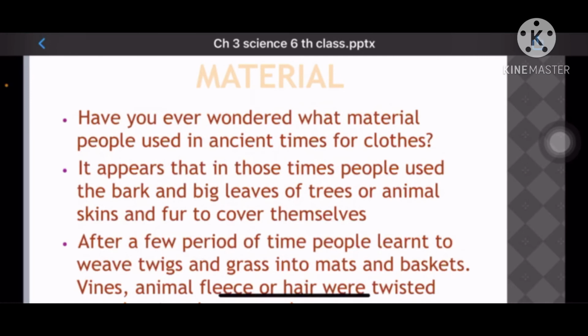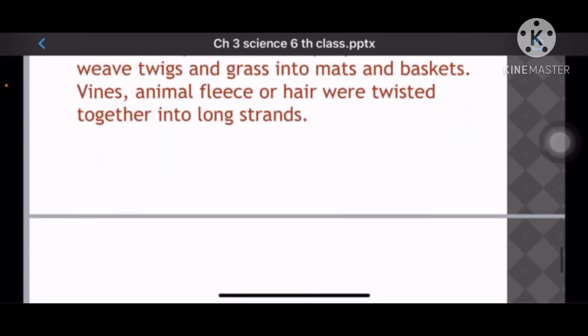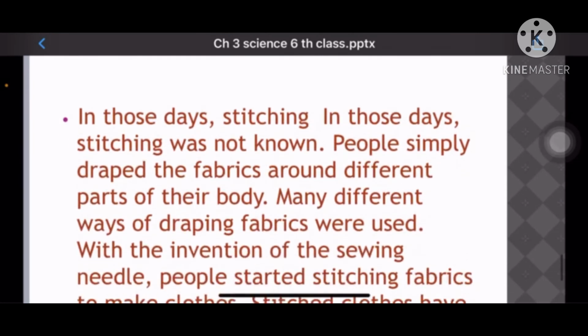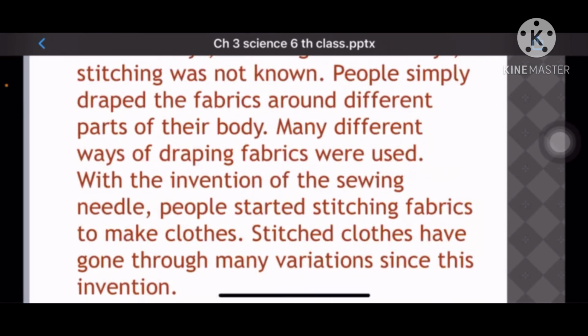After a period of time, people learned to weave twigs and grass into mats and baskets. Animal fleece or hair were twisted together into long strands. In those days, stitching was not known. People simply wrapped the fabrics around different parts of their body. Many different ways of draping fabrics were used.